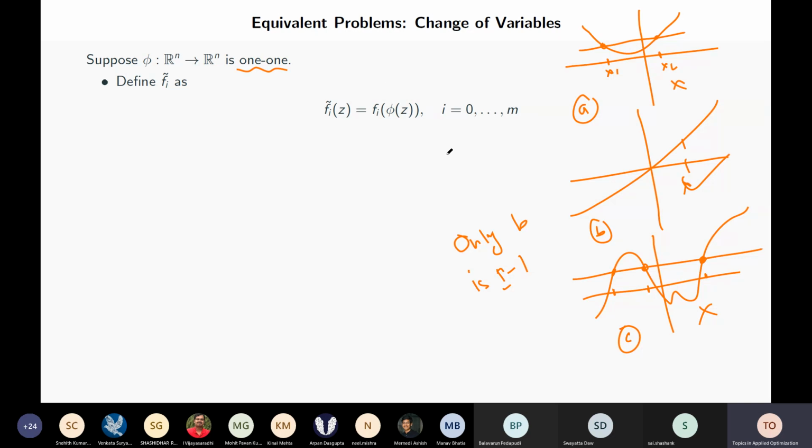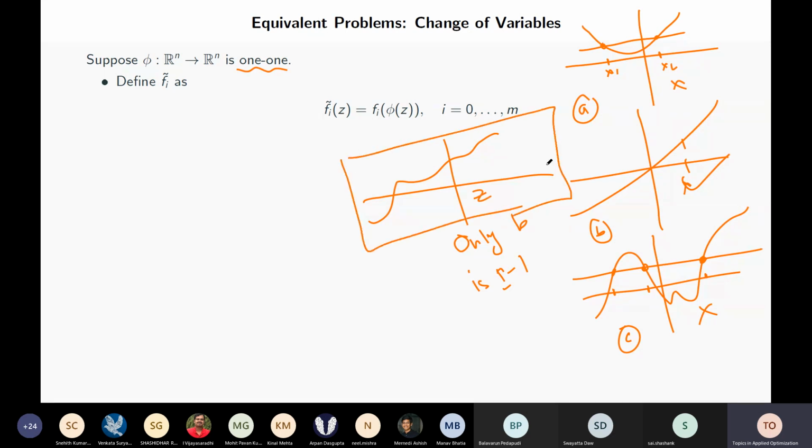What this result is saying is that if your function f is in some domain, let us say this is the z variable domain, the variable where you are working with z, and you did a transform of your z variable by some phi function, which is 1, 1.